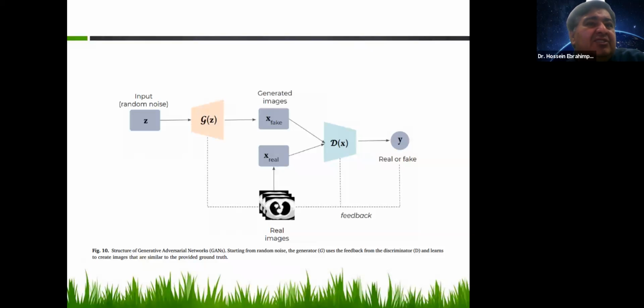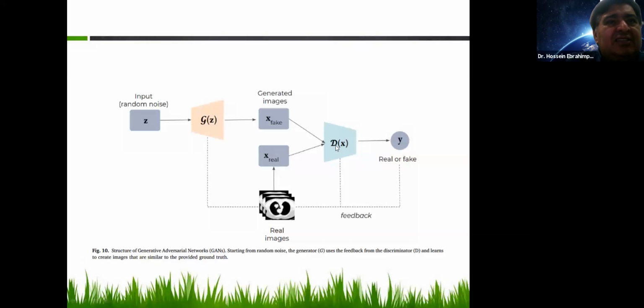This system has two parts. One part is a generative part, and the other part is the discriminative part. This generative part has the job to make the fake images and send them to the discriminative part.